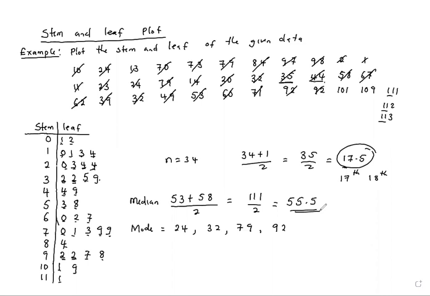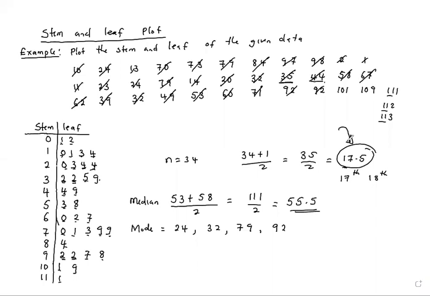That was just the position of where I'm going to find the median. Sir, why are you adding 1 to 34? Because I want to divide by 2 and get the numbers that are going to give me the median. So we always add 1.